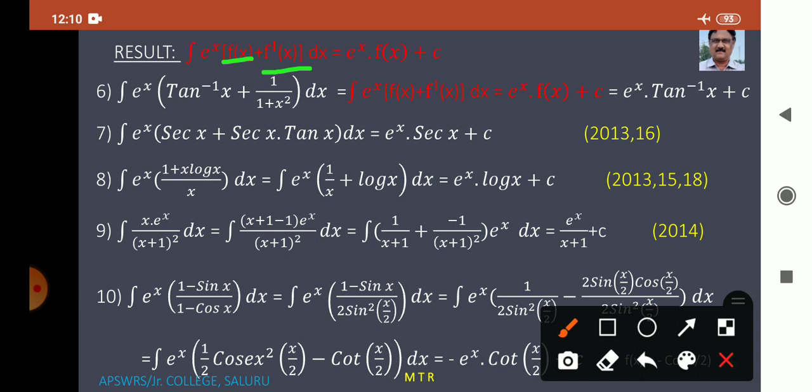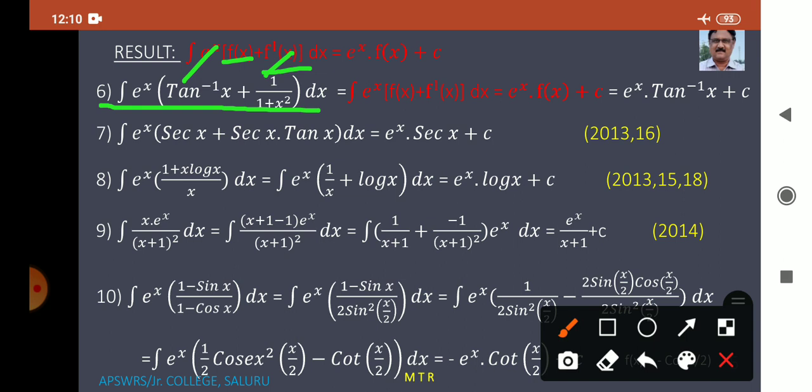See this example, 6th problem. Evaluate integral e power x into tan inverse x plus 1 by 1 plus x square. Here clearly the derivative of tan inverse x is 1 by 1 plus x square. So if tan inverse x is our function f of x, then 1 by 1 plus x square is the derivative of tan inverse, so this is f dash of x.